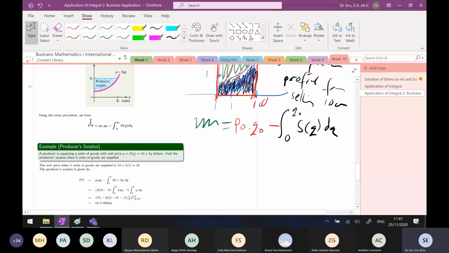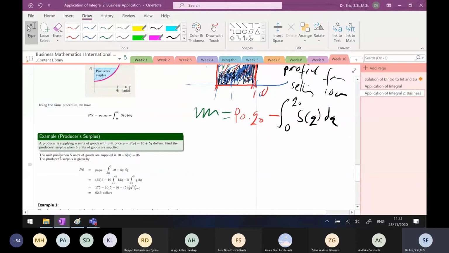The unit price is 10 plus 5 times 5, because you substitute 5 units into the supply function. So you have $35 per unit.